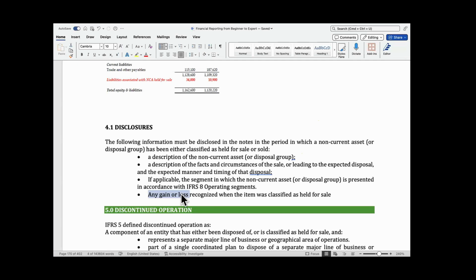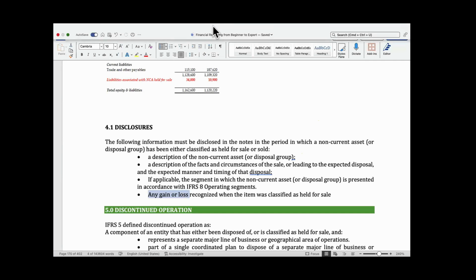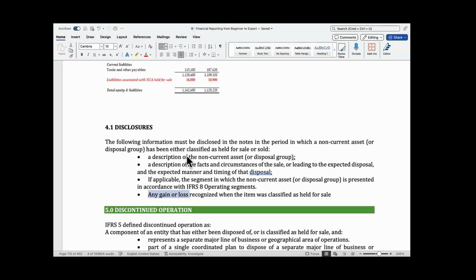It needs to be properly explained that this impairment loss was as a result of an asset that we classified as held for sale. You need to explain that to us very well. Okay, and that is it on non-current assets held for sale.